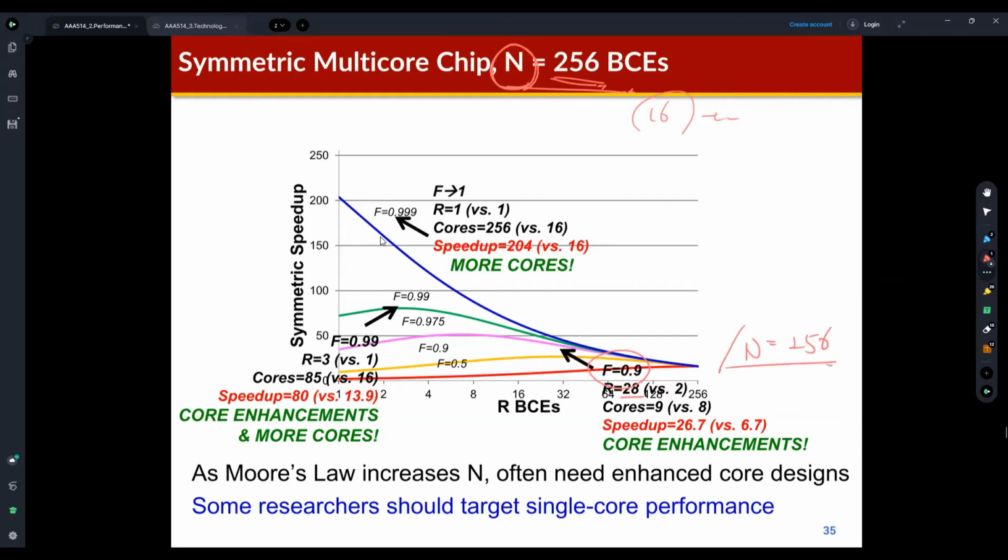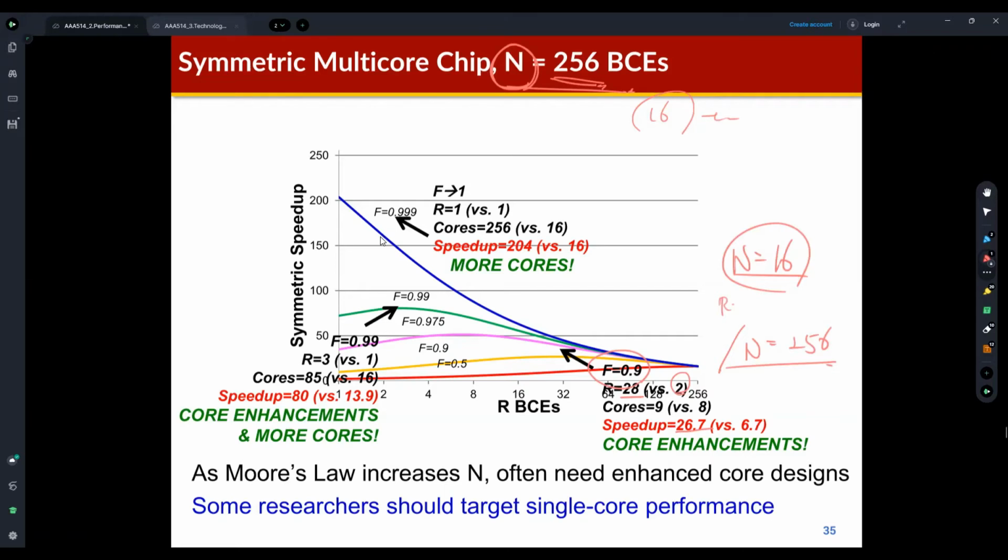If N is 16, when F is 0.9, the maximum speedup is when R is 2, okay? And the speedup is about 26, which is higher than the 6.7 actually.